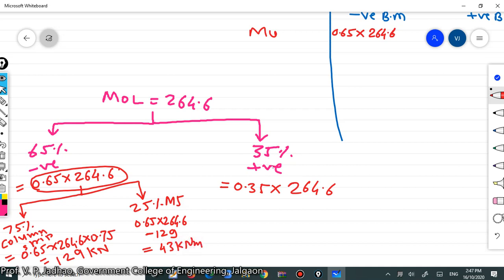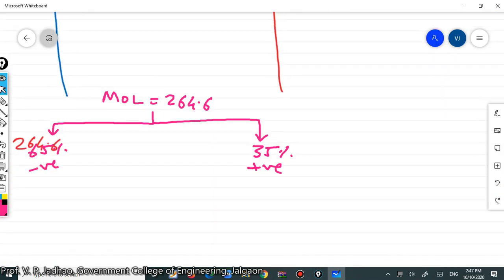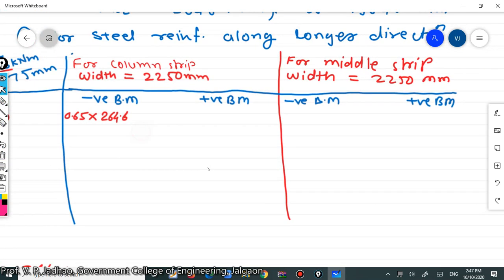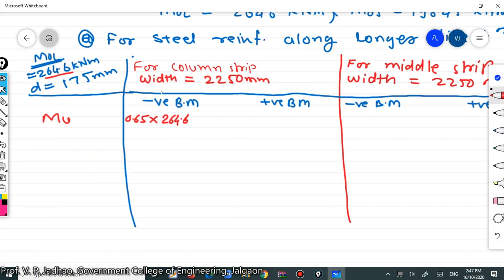Okay, so this is how the bending moment will be distributed. Now if you want to enter these values here: out of 0.65 into 264.6, the 75%, or multiply this with 0.75, this much bending moment will be taken by the column strip. So this comes out to be 129 kilonewton meter.